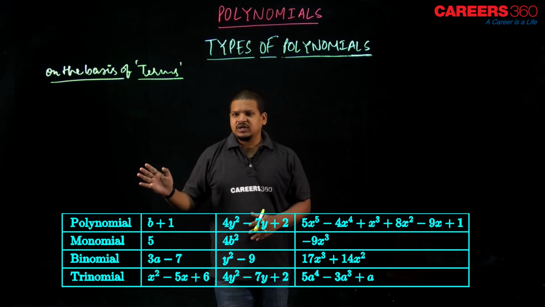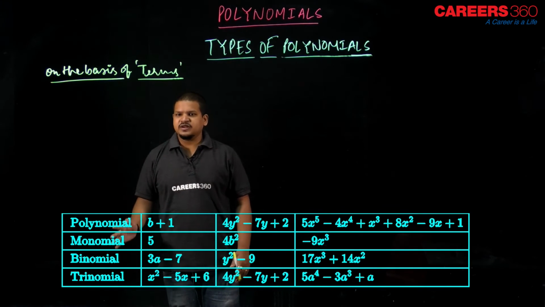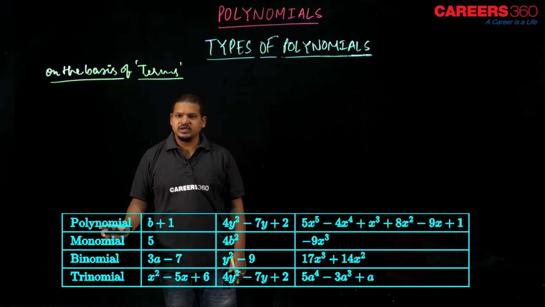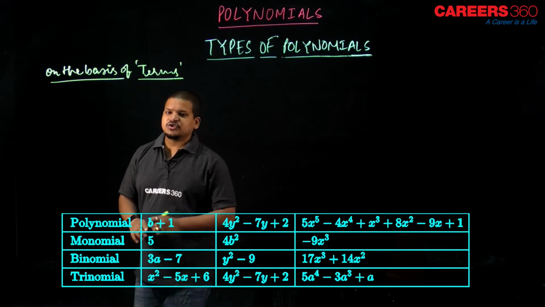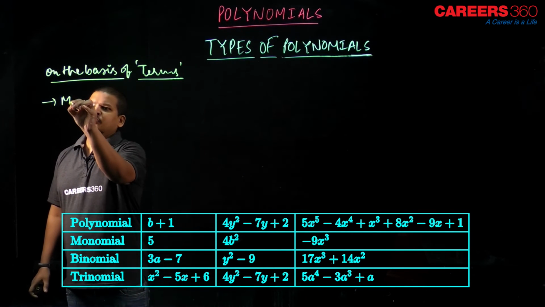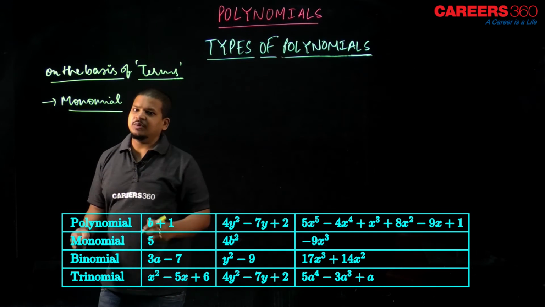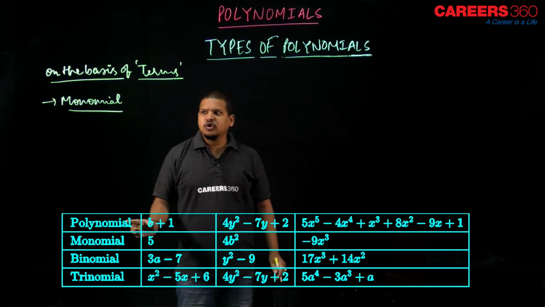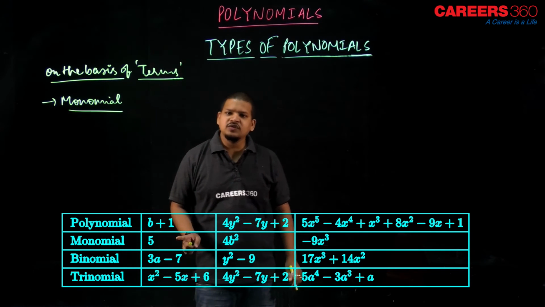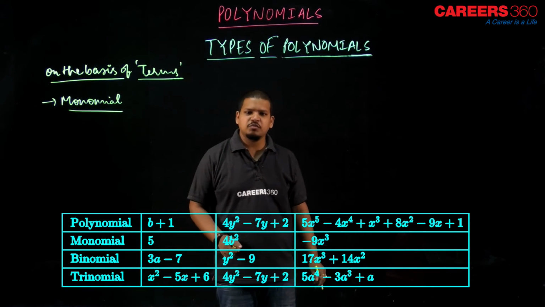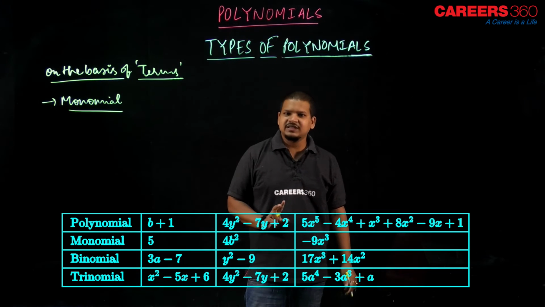Now, there are primarily four types written over here. Firstly, I would like to proceed with monomial. In the table, it is the second one. Monomial consists of only one term, as you can see, 5, 4b square, minus 9 cube, right?